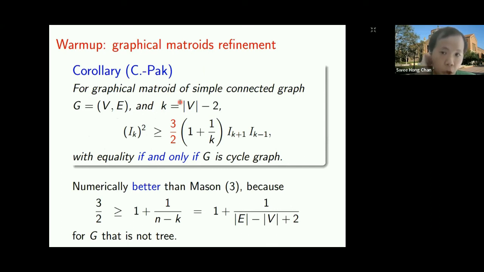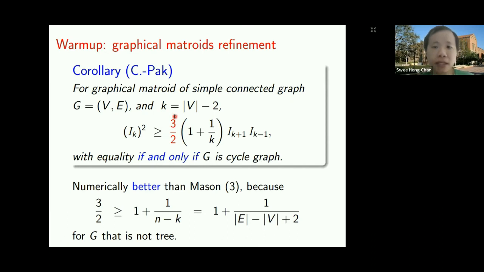We can improve the Mason 3 constant from 1 plus 1 over n minus k to this new constant of 3 over 2. Not only that, we can also derive the equality cases: equality occurs if and only if G is a cycle graph. That means a triangle, a square, a pentagon, a hexagon, and so on.